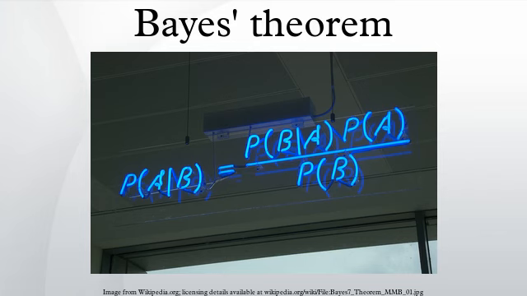Notes. Further reading: Stigler, F. Thomas, 250 Years of An Essay Towards Solving a Problem in the Doctrine of Chances, by the late Reverend Mr. Bayes, communicated by Mr. Price, in a letter to John Canton, AMFRS.